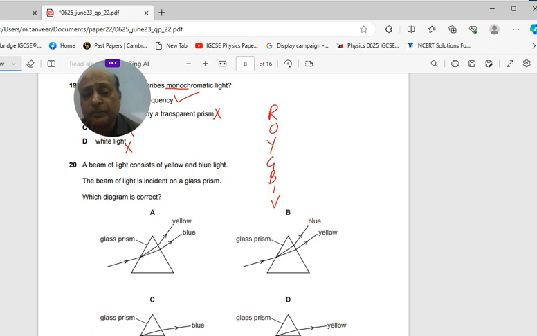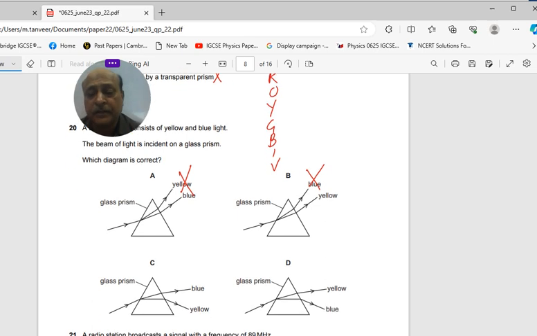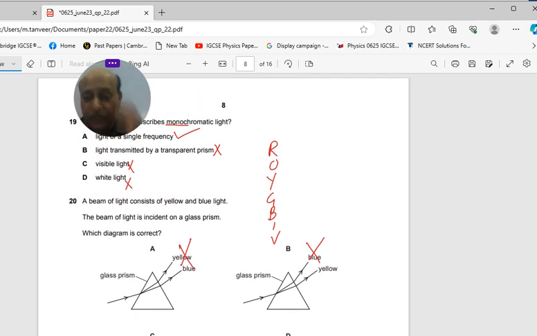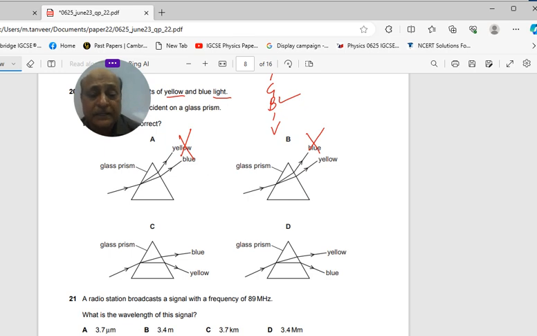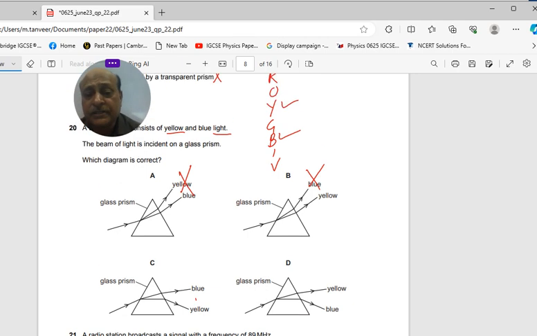So red is at the top. Here, no. Red is not at the top. Next is orange, yellow, but here you are given only yellow and blue. You have to decide which one is okay. This is the light which enters the prism and it will follow this path. So first yellow, then blue. This is the pattern.